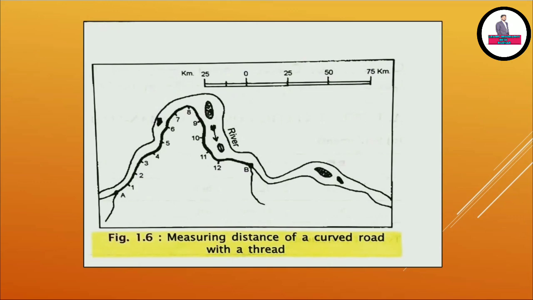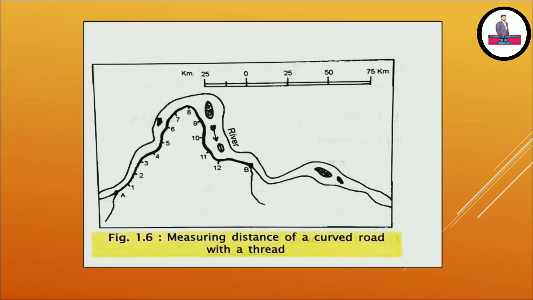So from here, the center and beginning point, you could take the thread. So spread along this, every curve, very carefully, and measure this river channel. So spread along this slowly, very carefully, and come to the ending point.